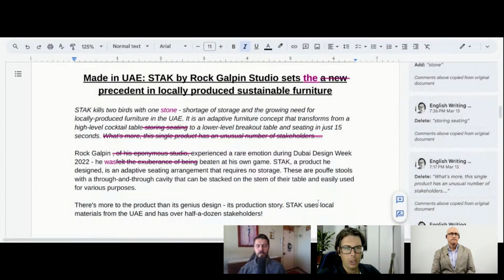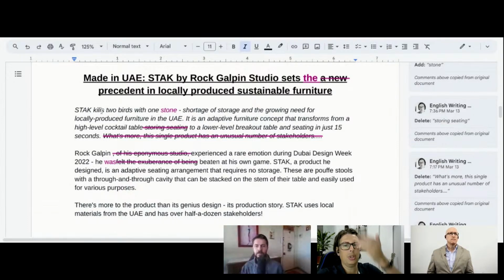In lovely pink here you can see some of the things I've called structural changes, and the first is, well, I decided that new precedent, well, if something is a precedent, it's in some way new, so we didn't need that word, so that's why that's changed. There's definitely a word missing in this first sentence.